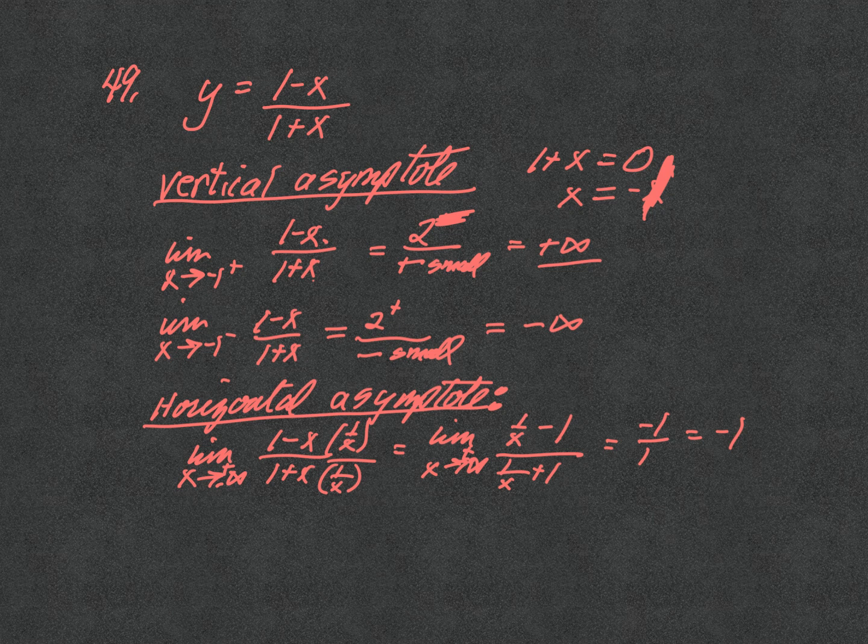And then if I want, I can put a really big number in and just evaluate whether we're above or below. So say like 1,000,000. 1 minus 1,000,000 is -999,999. 1 plus 1,000,000 is positive, so it's negative over positive. So if we approach positive infinity, then the graph is going to be like -999,999 over 1,000,001.